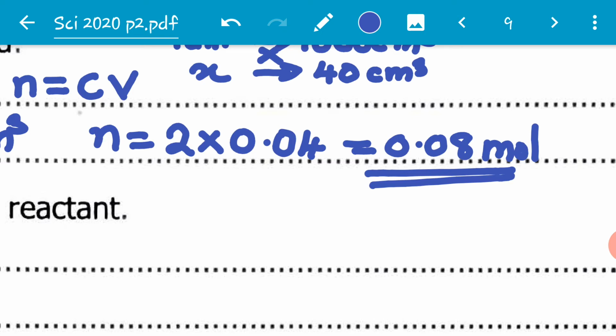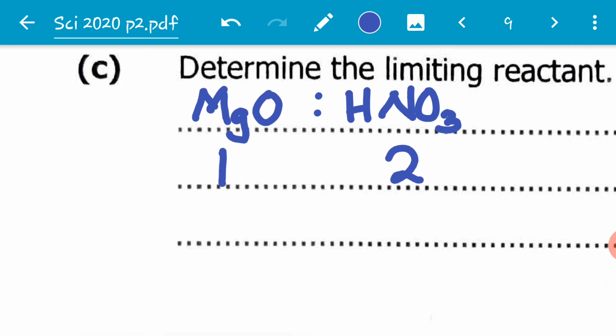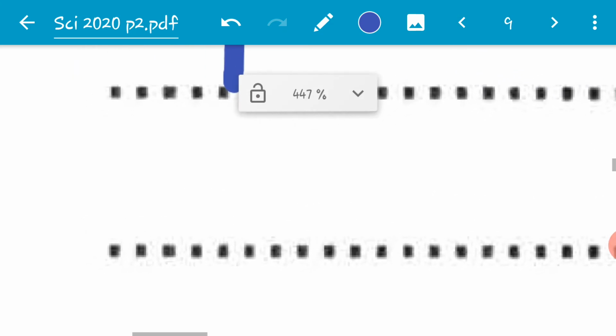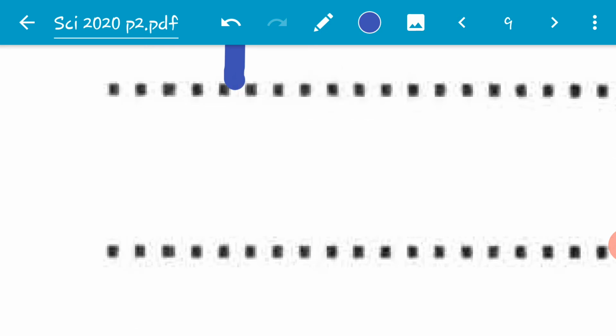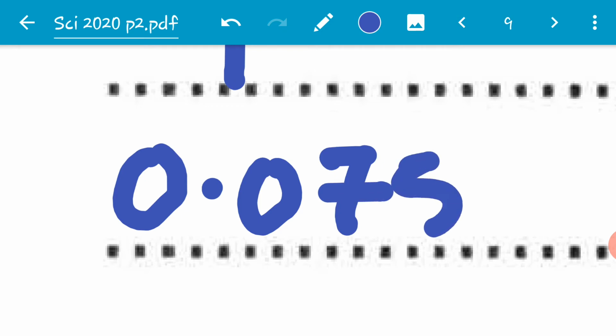From these two, we can choose any one of them so that we find what the other reactant requires. So for magnesium oxide, we are told it is 0.075 moles.